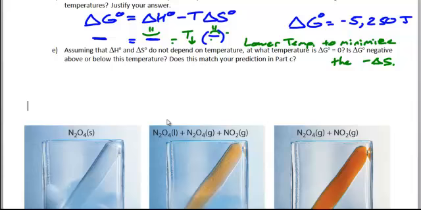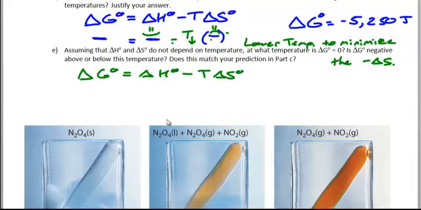So we can go ahead and calculate what temperature exactly this reaction no longer happens, no longer thermodynamically favorable. So to do that, we again go back to our equation. Now, of the four variables there, delta G, delta H, T, and delta S, two of them are assumed to be constant and two can vary.